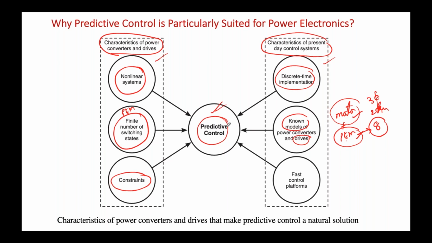In order to develop the predictive control, the main aim is you should know the mathematical model of the motor and how many switching states are available with respect to the power electronic module. Once you know these, by using the power circuit characteristics as well as control circuit characteristics, we can easily implement the predictive control scheme, right?